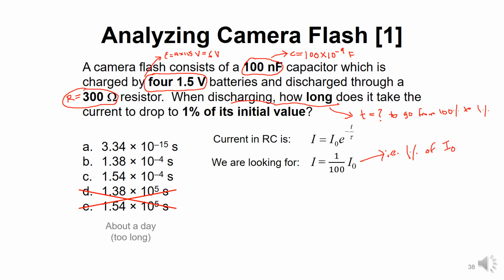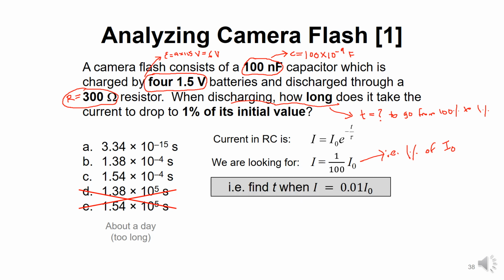All right, so that takes care of the left side of the equation. Okay, and our problem is stated like this: find the time when I equals 1% of I0. So let's plug it in.